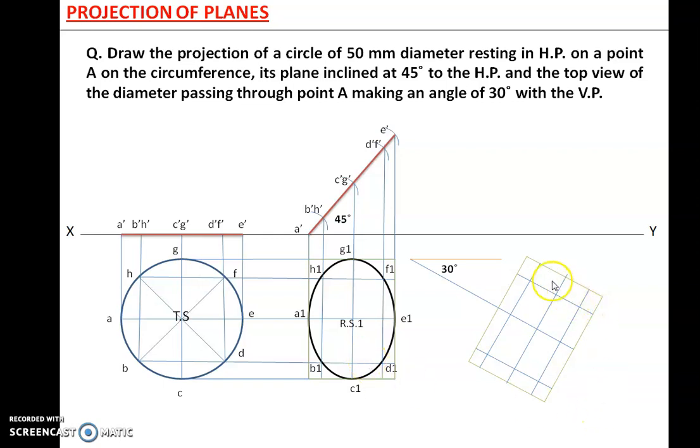Like this, with the help of compass, by taking reference of any corner, mark the points and try to draw the lines here. And once you have got this, starting from this particular point, this will be A1. Give the names as A1, B1, C1, D1, E1, F1, G1, H1.